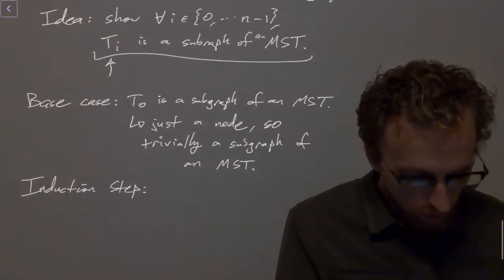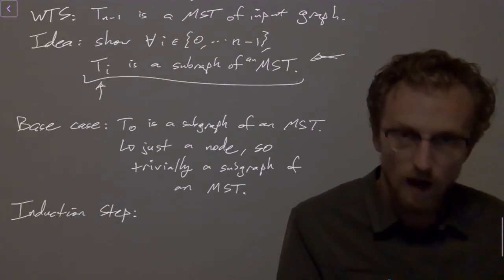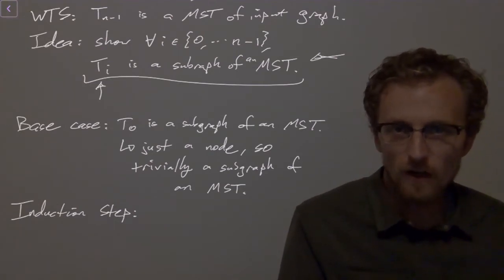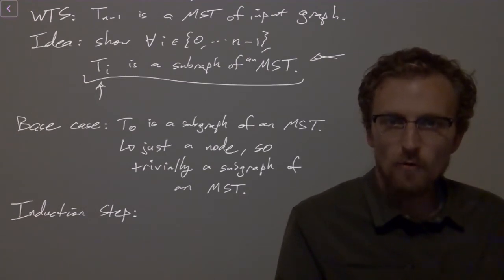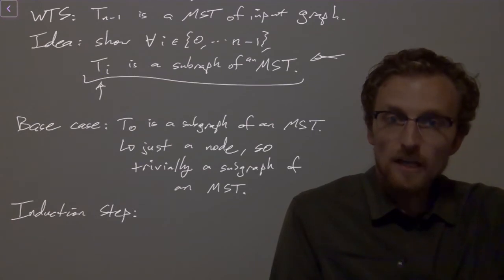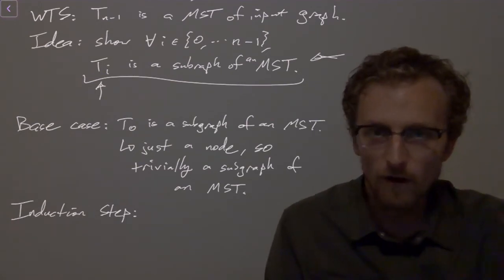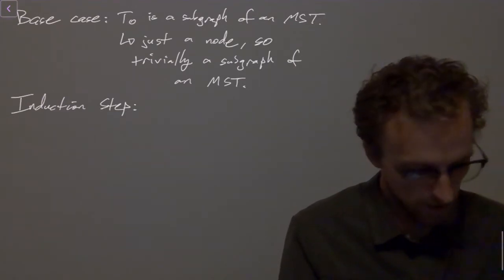So our overall claim here is that Ti is a subgraph of an MST. So our induction step will say, suppose that Ti is a subgraph of an MST, then the next thing Prim does is generates another subgraph of an MST. Okay, so let's write this down like this.